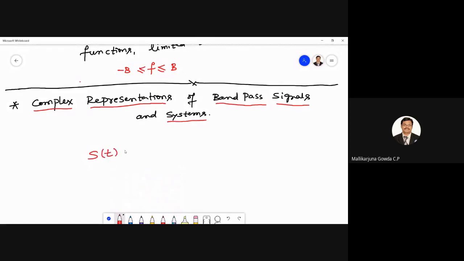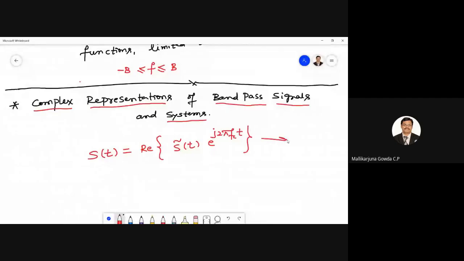So s of t is equal to the real part of s tilde of t times e power j2 pi fct. Why don't you understand the question?